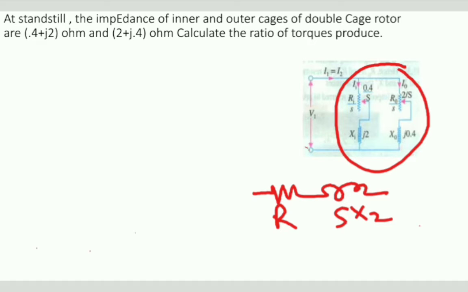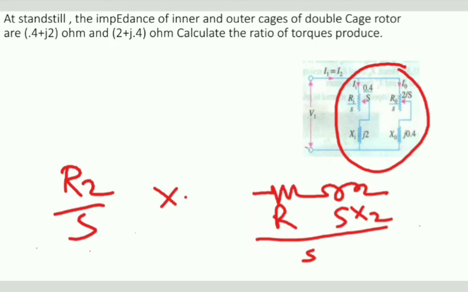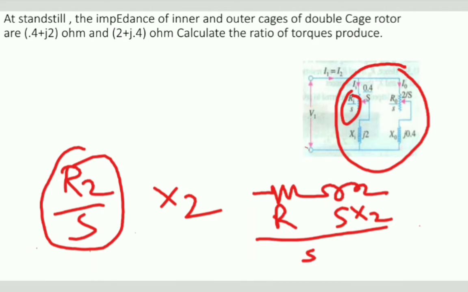For convenience in the calculation, we can divide this impedance by the slip, so you get R2 by s and a constant reactance. For the inner cage we write Ri by s, and for the outer cage we write Ro by s.